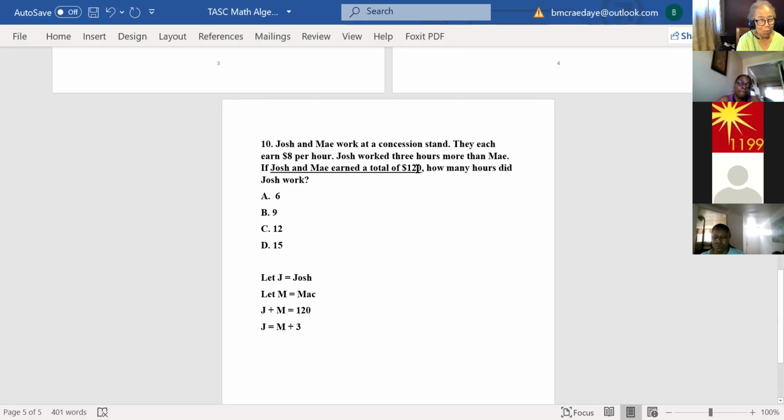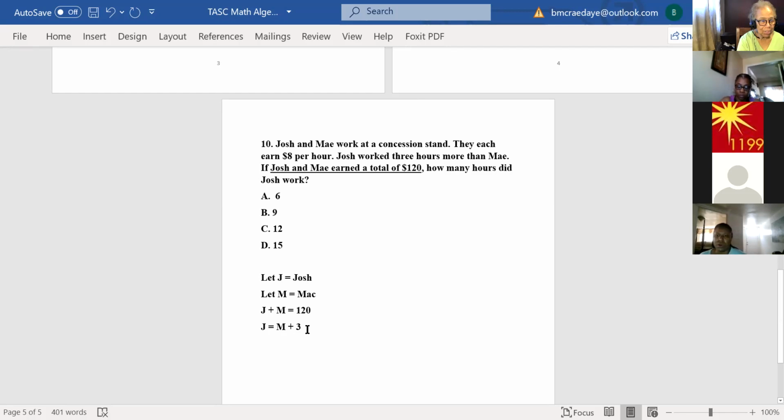Now, remember this 120 is coming from the $8 per hour times the number of hours, right? So it says, how many hours did Josh work? Now, if J equals M plus 3, what is M equal to?